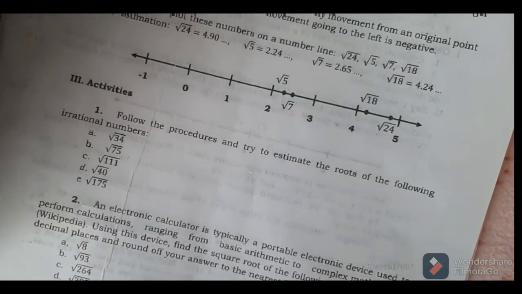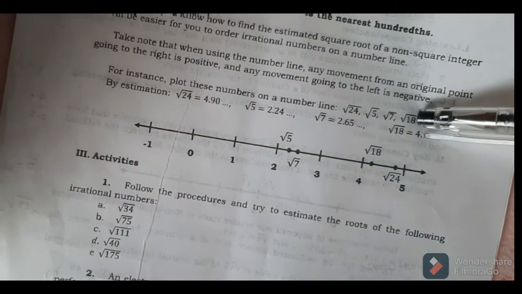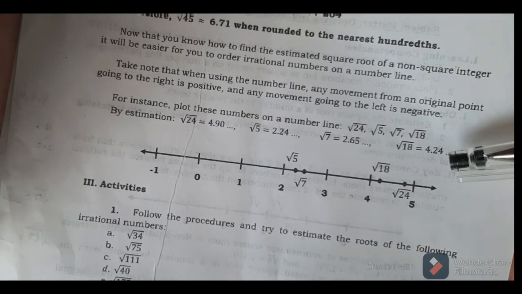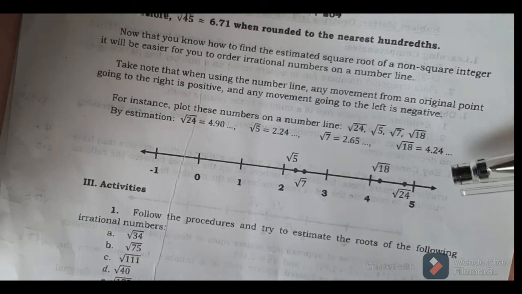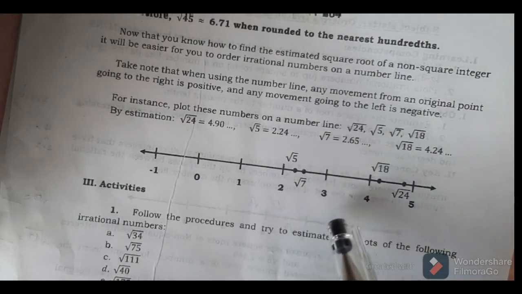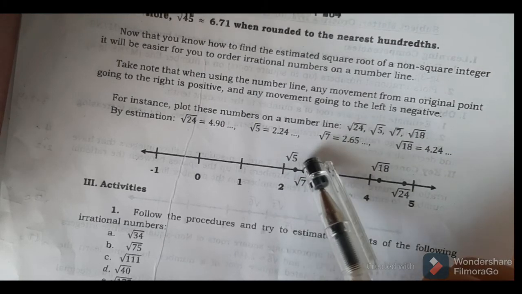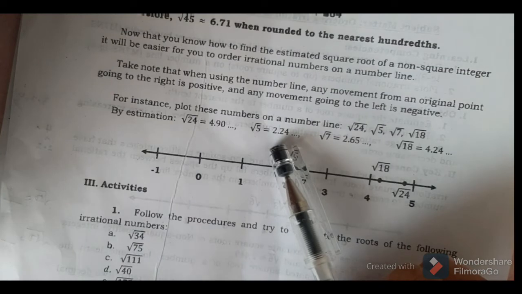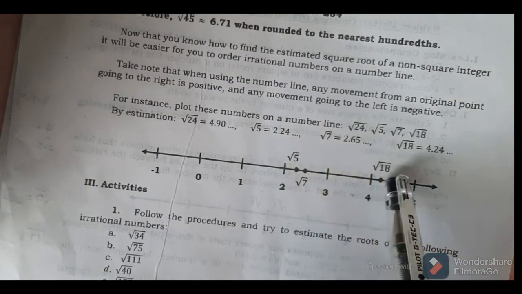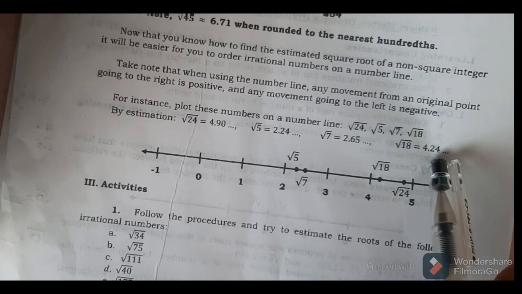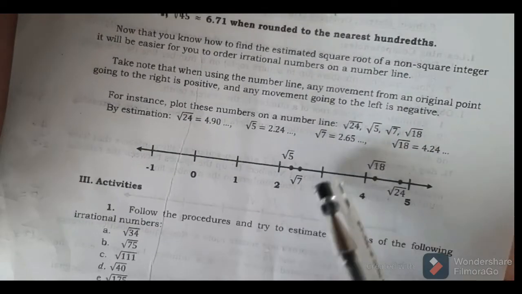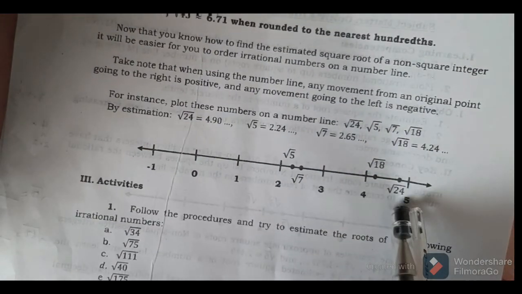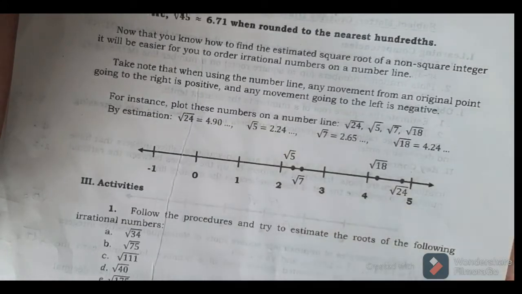Ayan. So, kapag gusto nating i-plot ang mga non-square positive integers, we can simply estimate them to the nearest tenths or pinakamaiba is to the nearest hundredths. Okay? Katulad ng square root of 5. Okay, if you're going to type this on calculator, that is 2.24 to the nearest hundredths. Square root of 18 is 4.24. Square root of 7 is 2.65. Then square root of 24, we have 4.90. Okay?